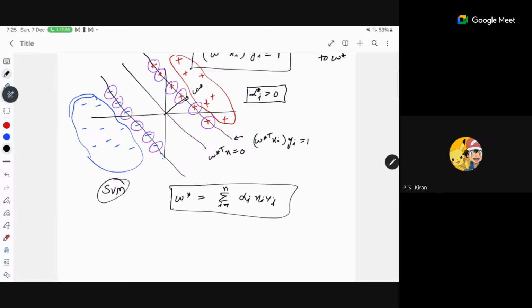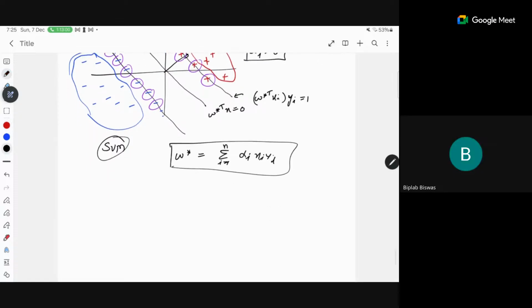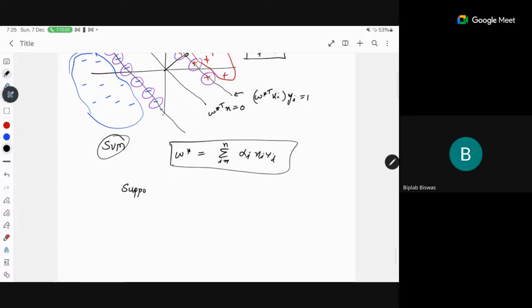Sir, for the points lying on that hyperplane, their alpha is equal to 0, right? For them, alpha i star should be greater than 0, right?